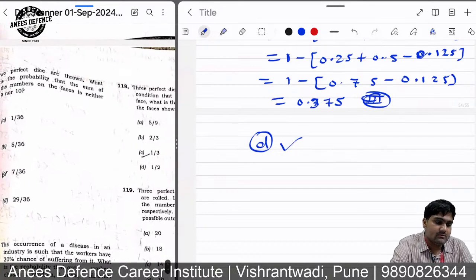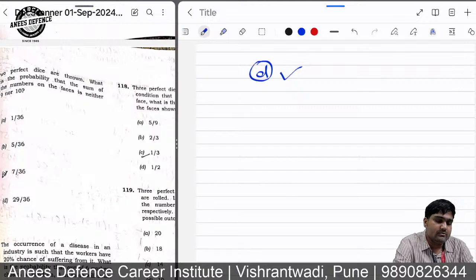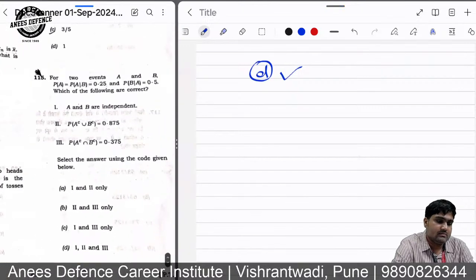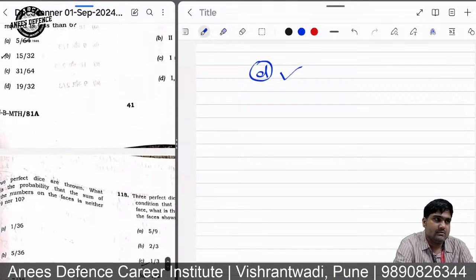Two perfect dice are thrown. What is the probability that the sum of the numbers on the faces is neither 9 nor 10? This is question number 116.